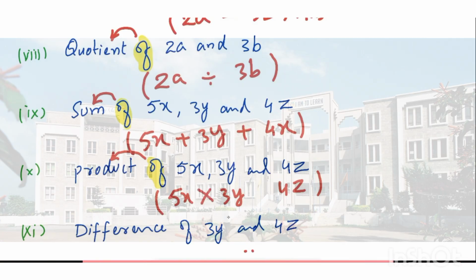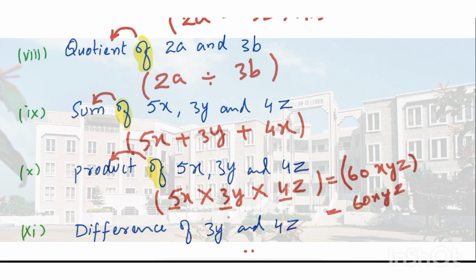In multiplication, we multiply the numbers: 5 threes are 15, 15 fours are 60. So our answer will be 60 in the bracket, and x, y, z. Or we can say without bracket 60xyz. Clear? So this is how we do it.